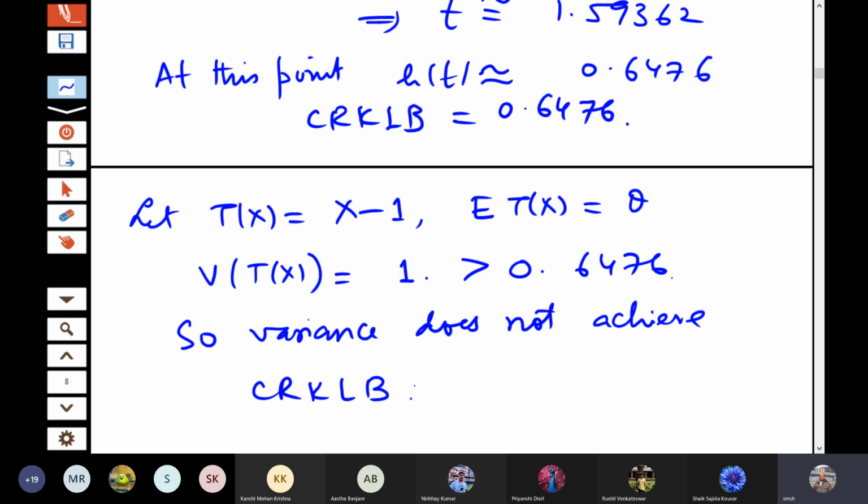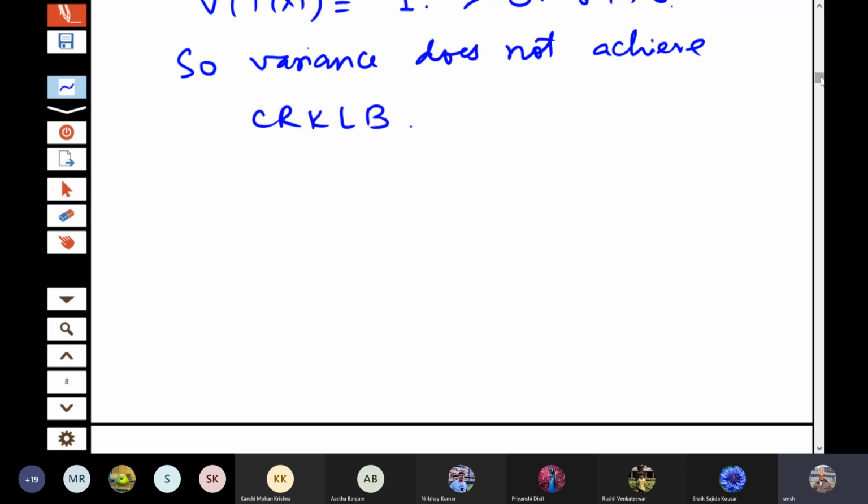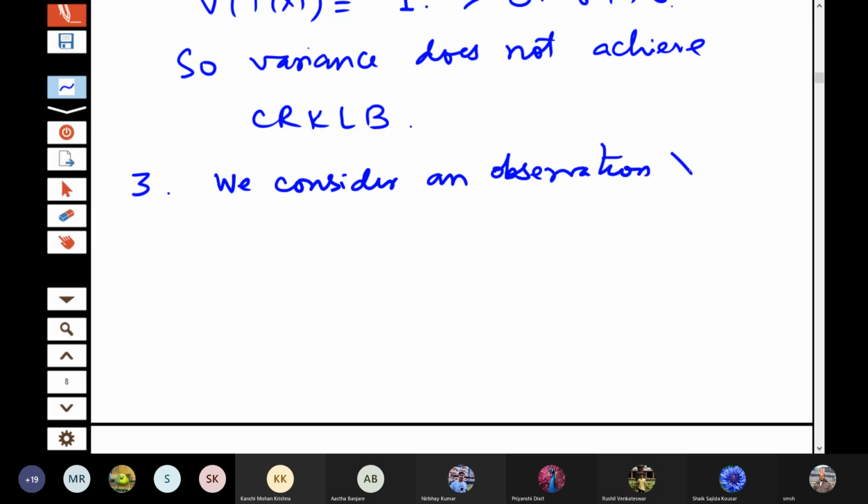I will give one example where the CRLB is actually attained. So let us consider the example that we have done earlier. Say X from normal theta, 1. What is the CRLB here? Can you tell me the answer?